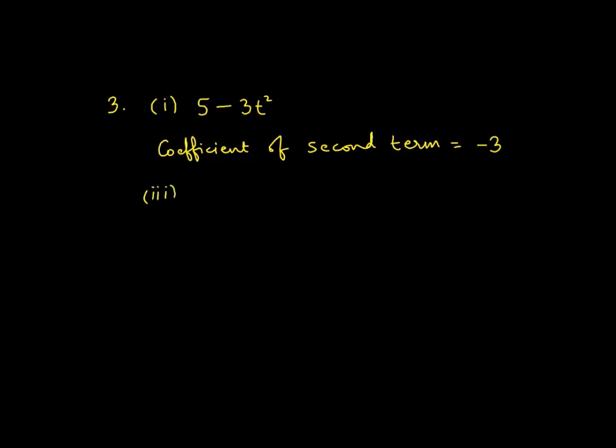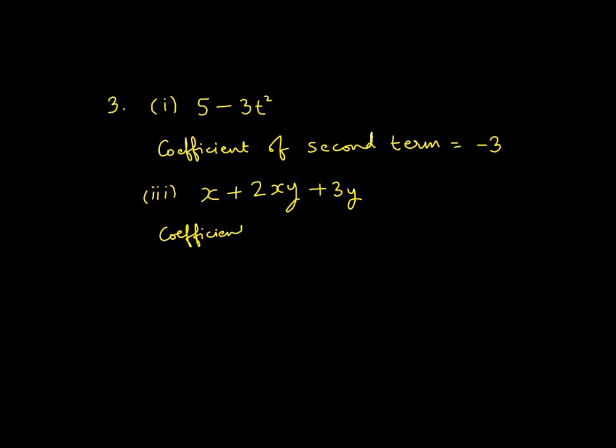in its third part, this expression is given: x plus 2xy plus 3y. Now in this, all the three terms are non-constant terms. That is, all these three terms contain one or more than one variables. So we will write coefficient of each of the terms in this.